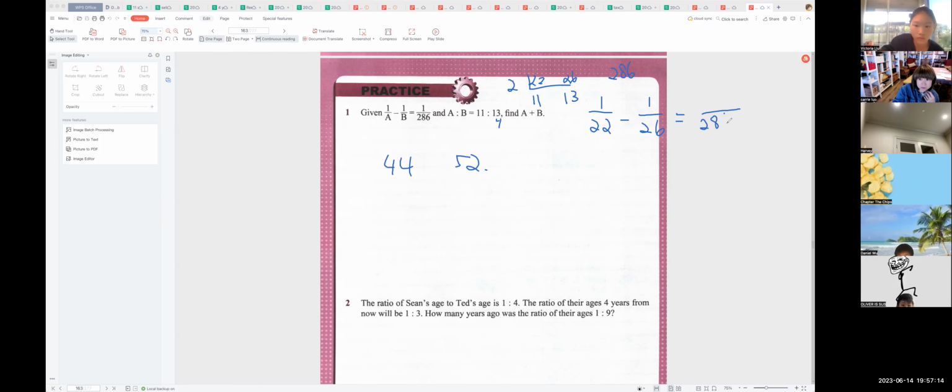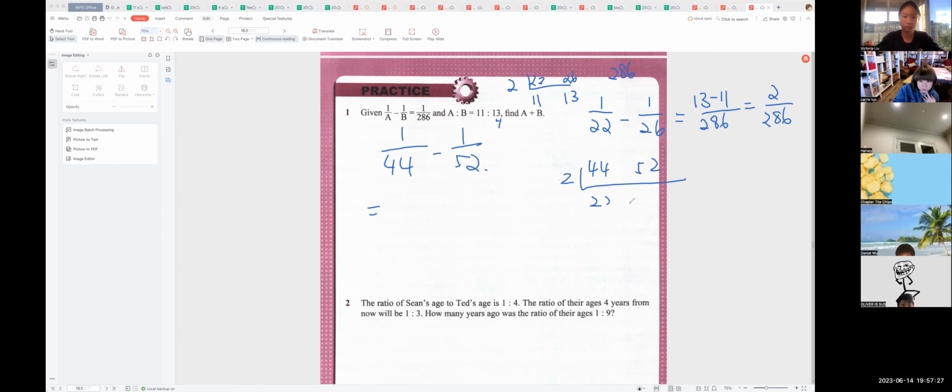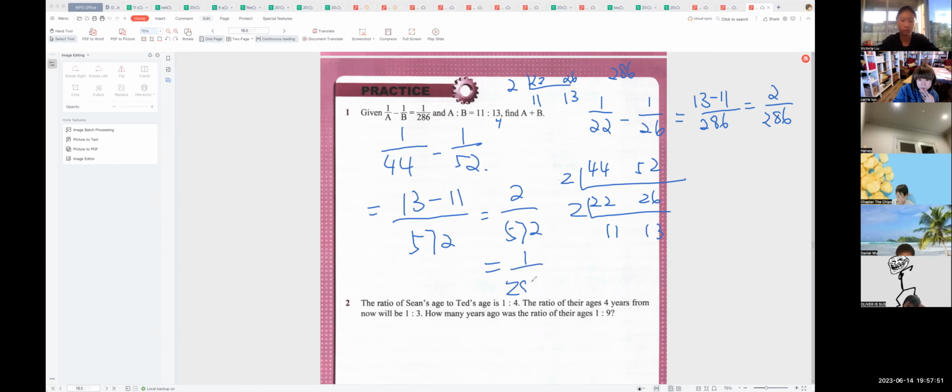it's 286. But this one equals to 13 minus 11 equals 2 over 286. Yeah, it's not right. So it should be like that. 所以我刚才也算错了。So 22 and 26 divided between 11 and 13. So this one is 572. 13 minus 11. 2 over 572 equals 1 over 286.